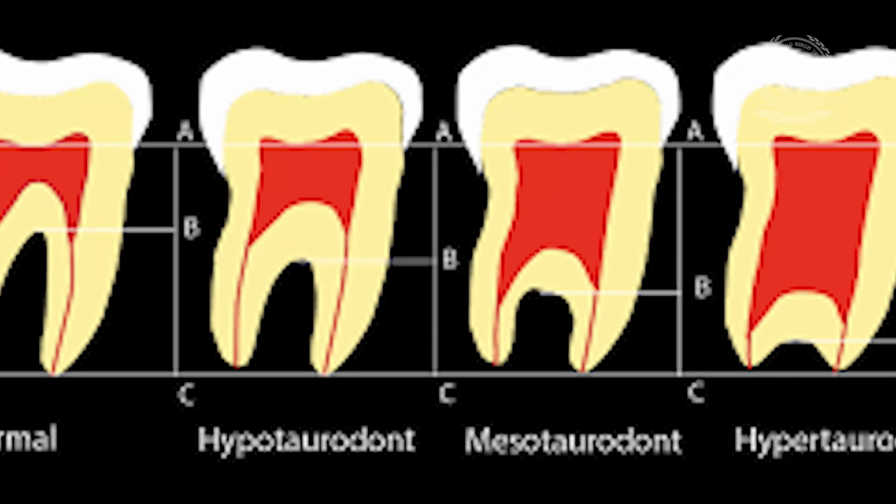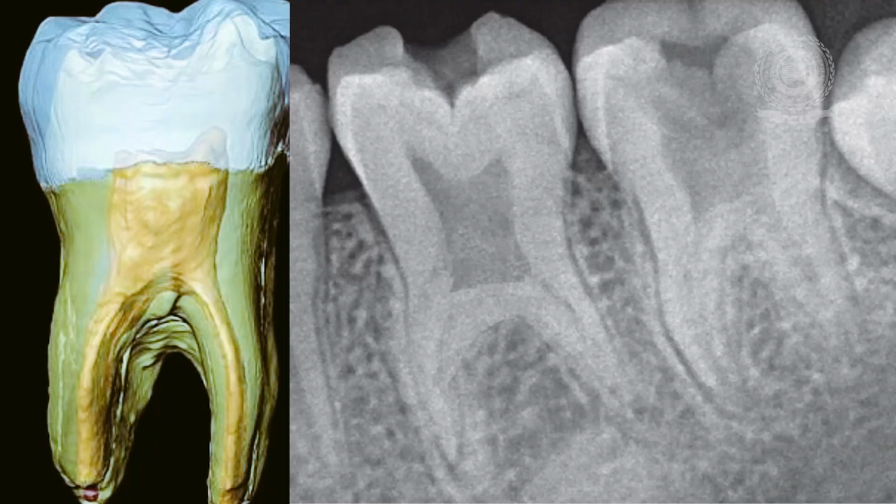In hypertaurodontism, bifurcation or trifurcation can occur near apices of root. Taurodontism often gets noticed on radiographs where the extremely large pulp chamber with a great apico-occlusal height is seen. Pulp lacks usual cervical constriction.